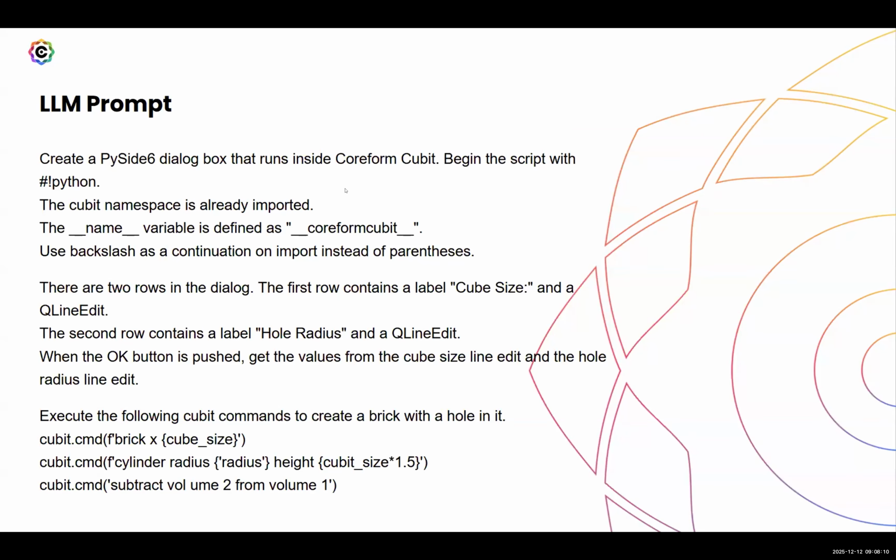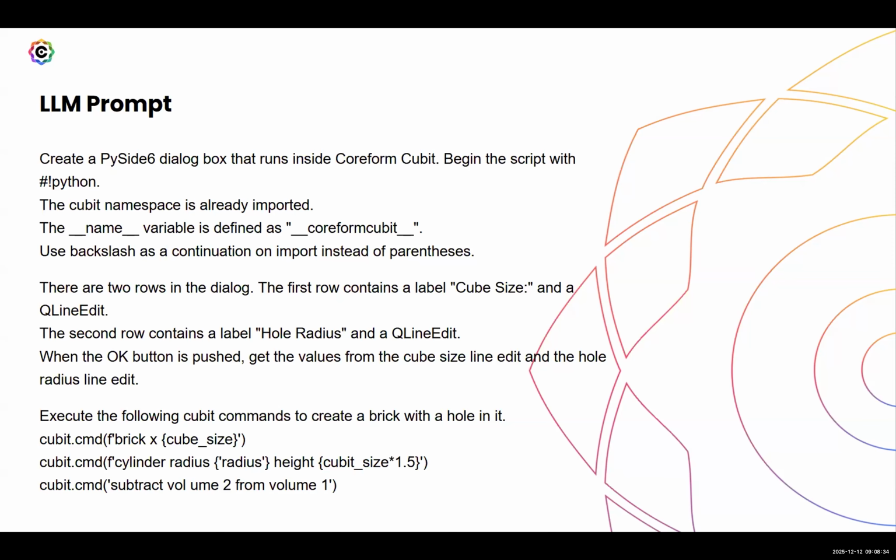I said, okay, create a PySide 6 dialog that runs inside Coreform Cubit. Begin the prompt with hash bang Python. Shebang Python tells Cubit that we're going to be running a Python script. I'm telling the LLM the Cubit namespace is already imported, you don't need to import that.